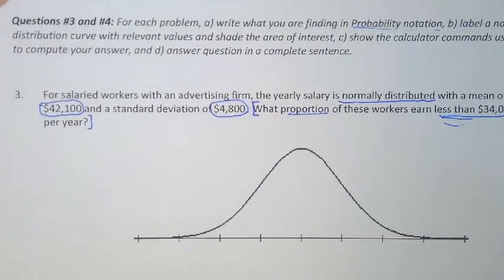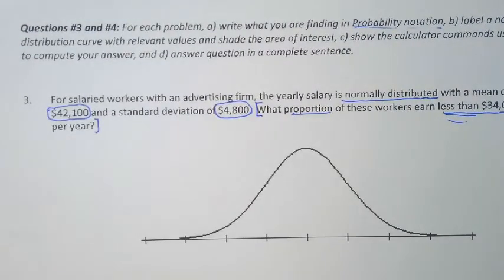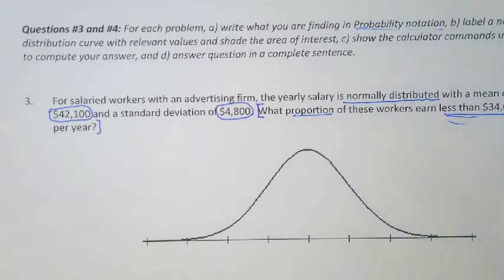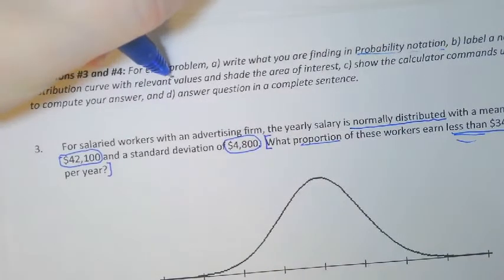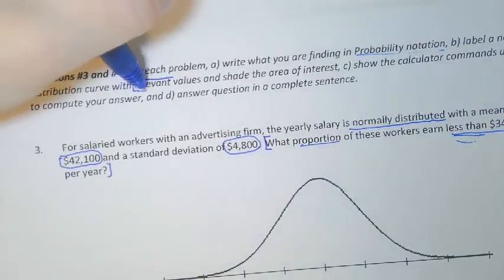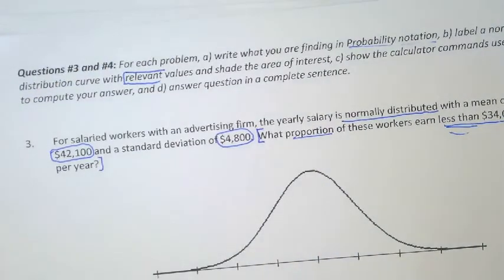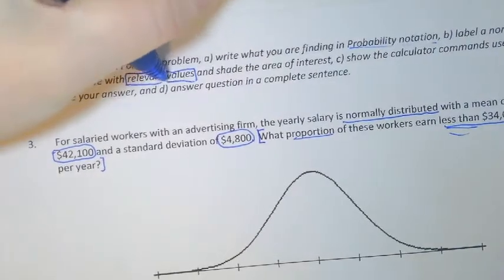B says to label the normal curve with relevant values and shade the area of interest. When they say relevant values, they haven't specifically laid out to make sure to label X number of standard deviations.